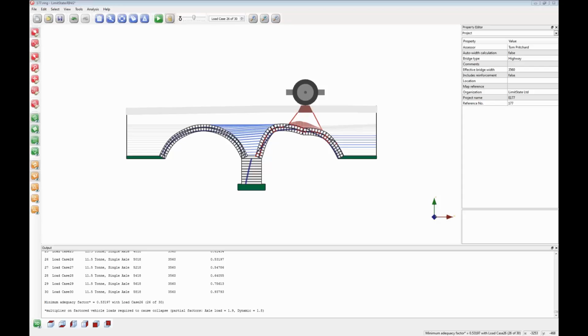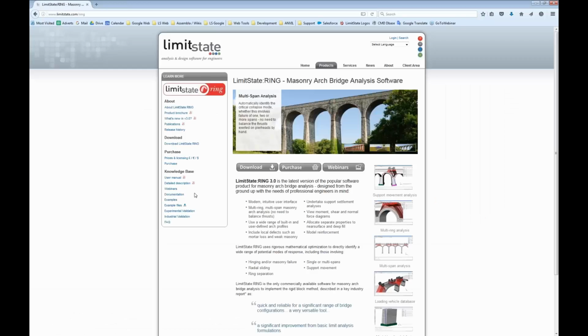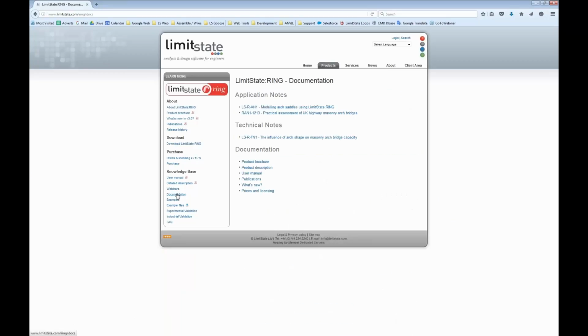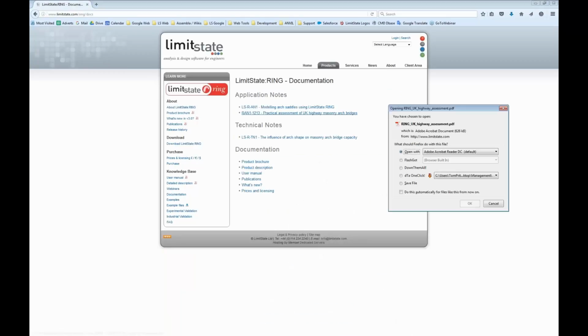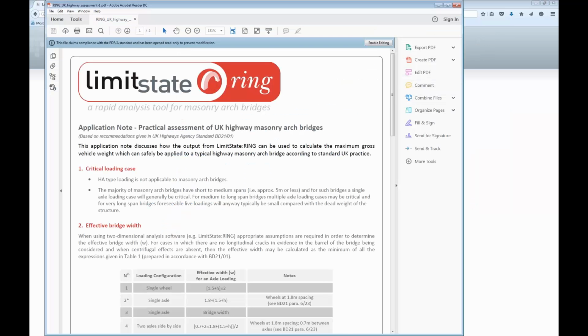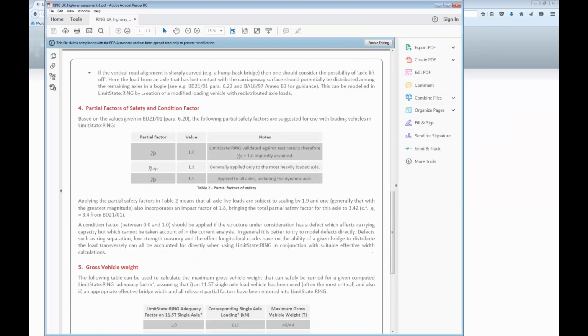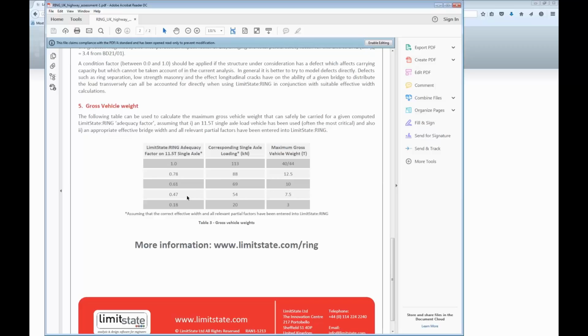So if I go to the LimitState website, I'll just pull it over onto screen. If I go to documentation, then practical assessment of highway bridges, then actually I can see that if I have an adequacy factor on an 11.5 ton single axle of 0.47 or above, then that corresponds to a gross vehicle weight of 7.5 tons.